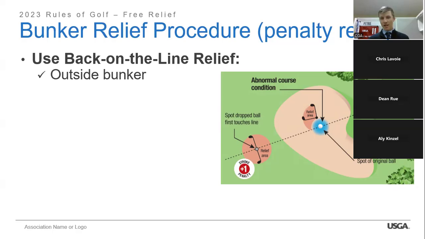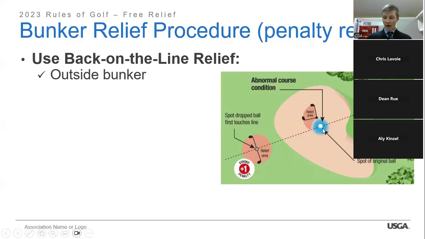Now 9 times out of 10, that bunker is going to be ground under repair. So hopefully it doesn't happen too often. But again, if it does, the rules give us a solution and a way to get out of it. Now with that, we are able to take a penalty relief stroke to get out of the bunker. So again, we see our diagram on the right, our ball's in this bunker, it's in a puddle.